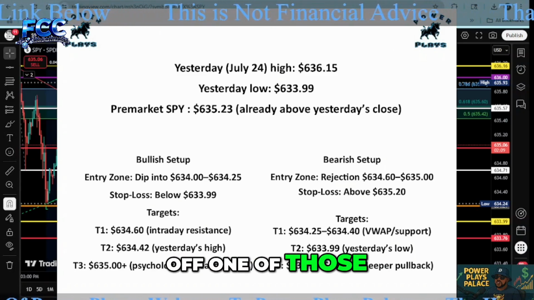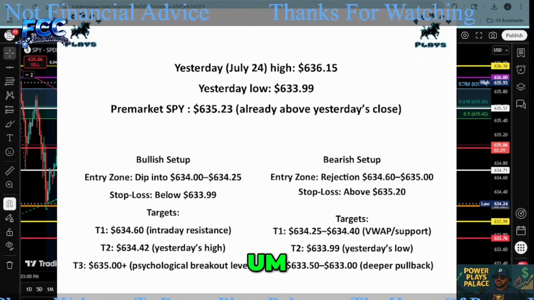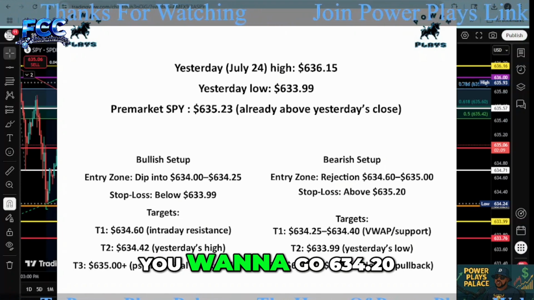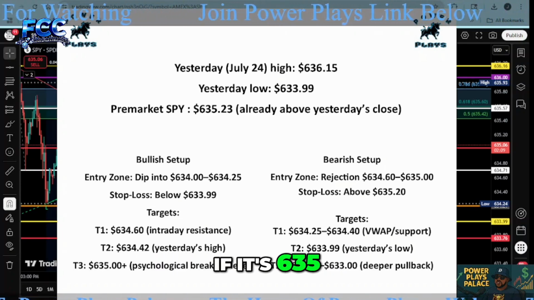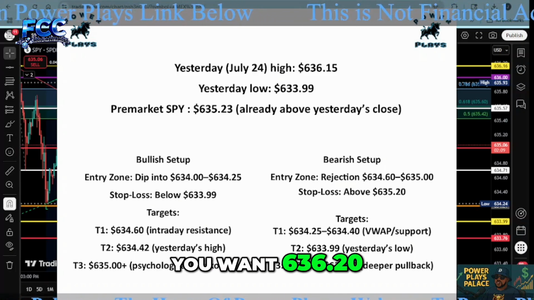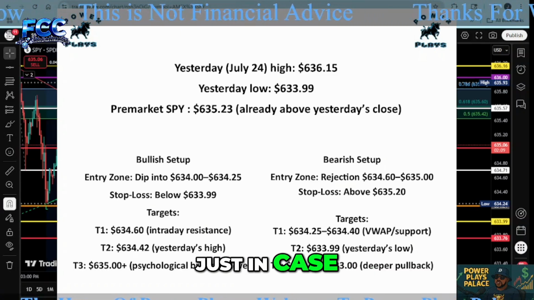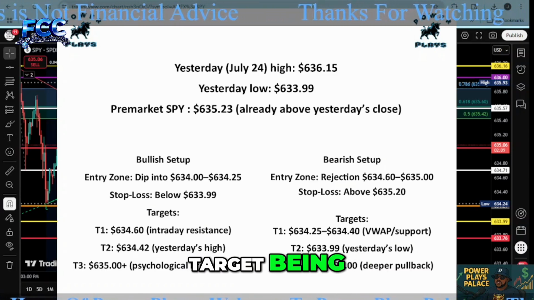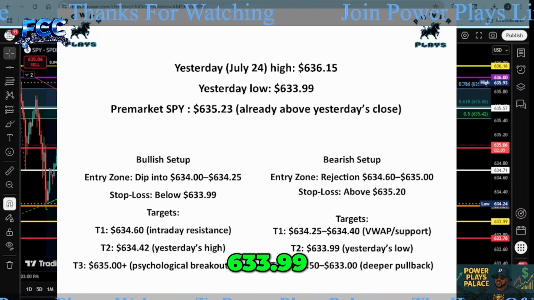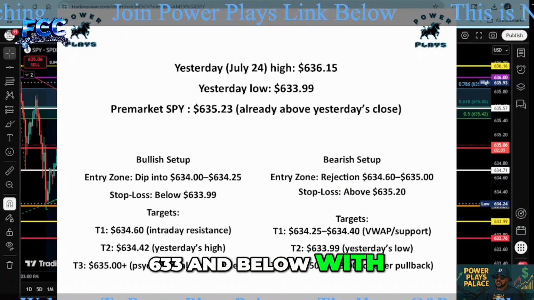I would just play off one of those levels, and you would set your stop loss 20 cents above those psychological levels. So if it's 634, you want to go 634.20. If it's 635, you want to go 635.20. If it's 636, you want 636.20. And that's just so you can have enough room for the liquidity grab just in case. And then with your target being 634 off of 635, 633.99, and 633 and below.